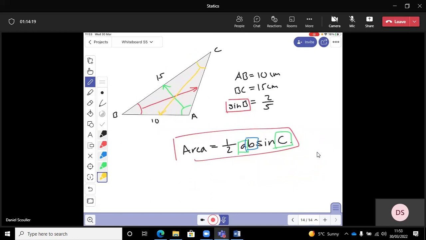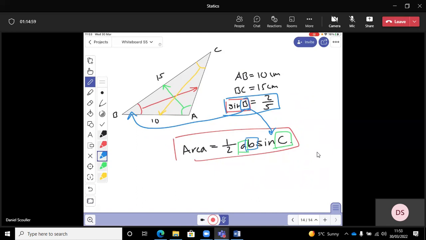So we are given in the question sine B, so we are given a term for this angle here. Okay, so we need to use this instead of that, and that throws a lot of people, the fact that they're using different letters.